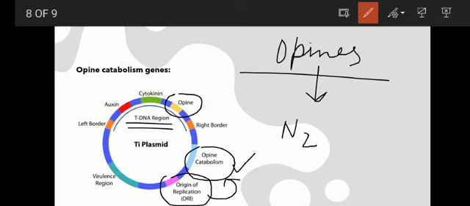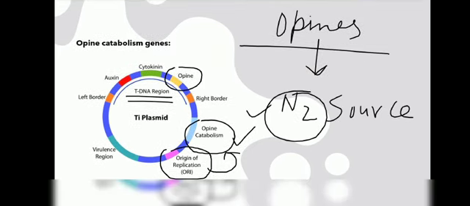These opines are actually a nitrogen source, and they can be classified into about 9 different types of compounds, including octopine and nopaline. Thus Ti plasmids are often referred to as octopine or nopaline type plasmids, depending upon the opine they specify.